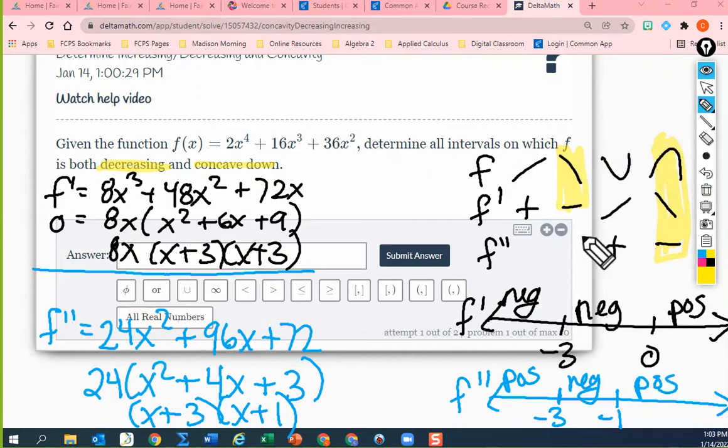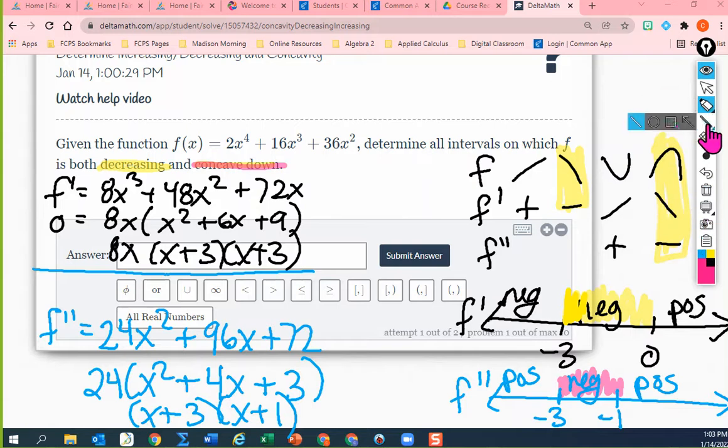Okay, so what am I looking for? I'm looking for where f prime is negative. So I want this part. I also want where it's concave down. So that's where double prime is negative. So my question is, where do these two things overlap?